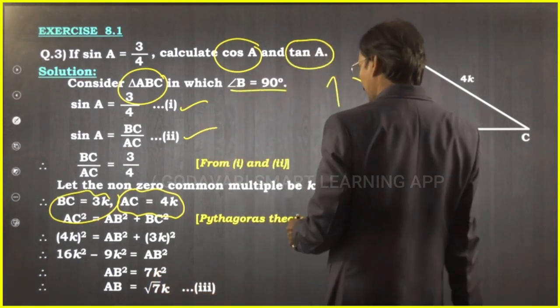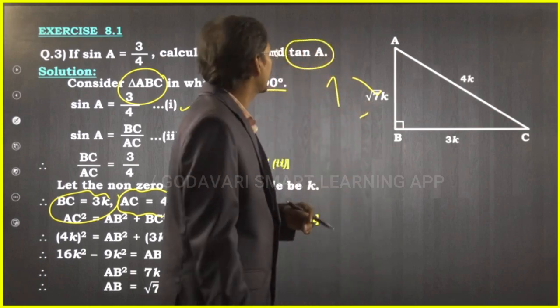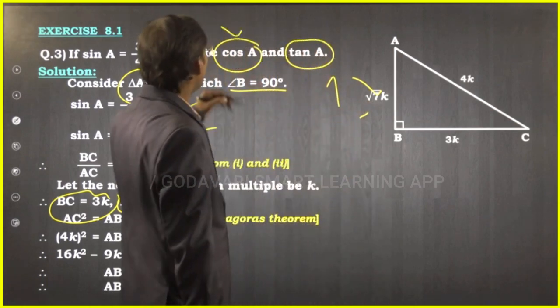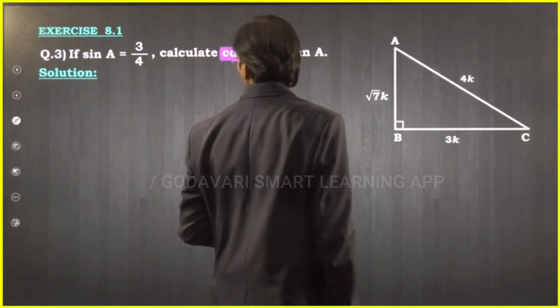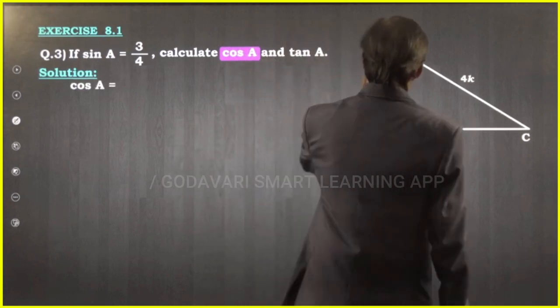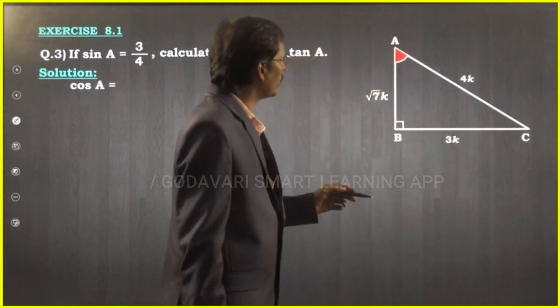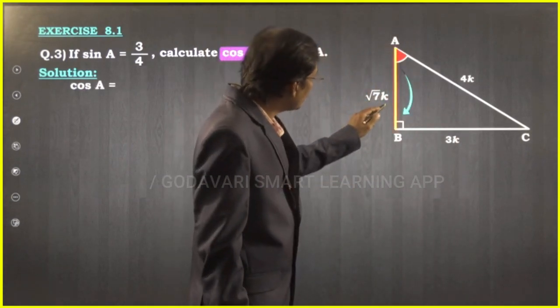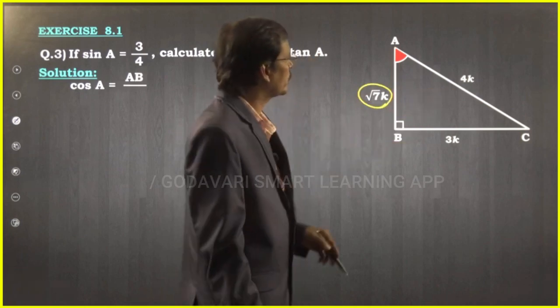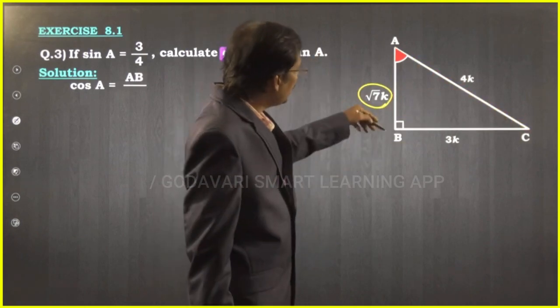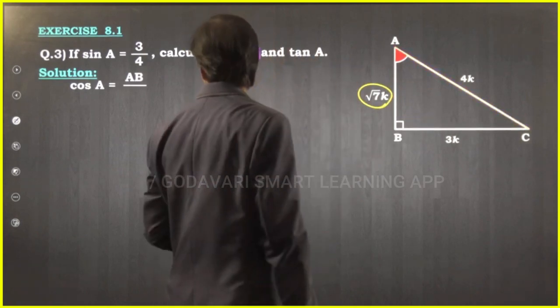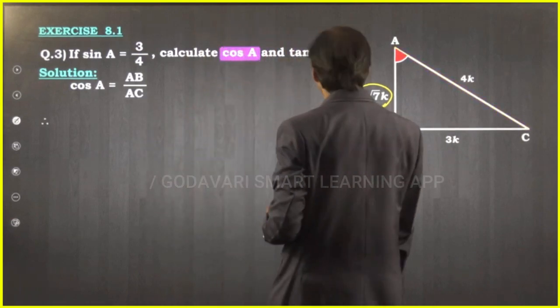Now we got AB. AB is equal to root 7 k, and here we have to find cos A. According to A, cos A is equal to adjacent side by hypotenuse, that is AB by AC.